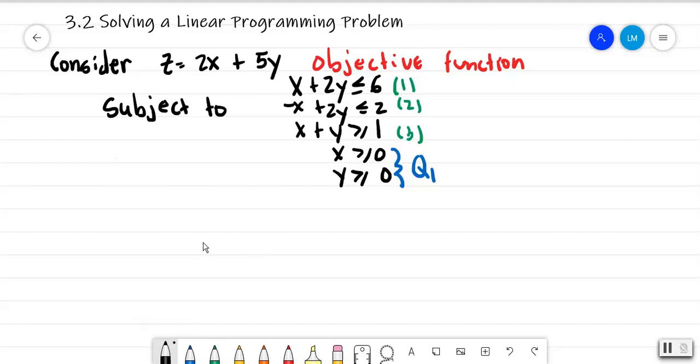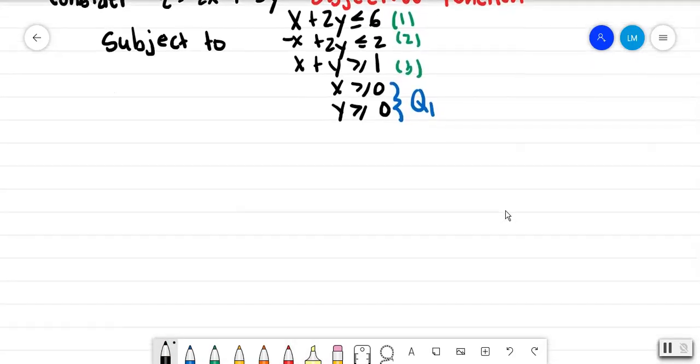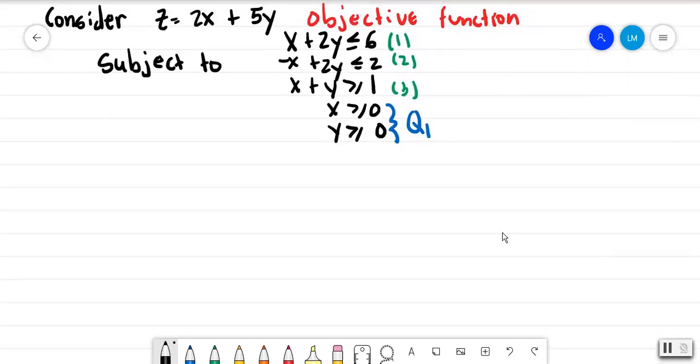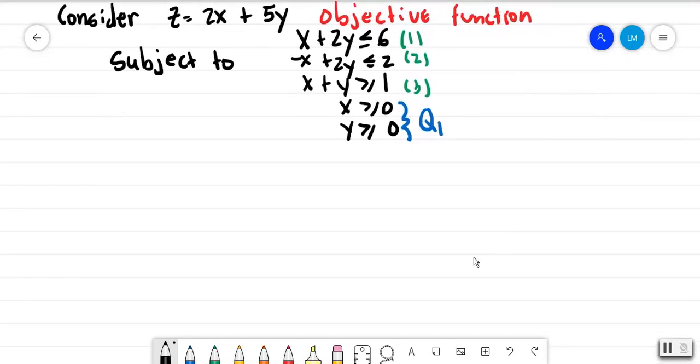Now, we'll do this in a way that requires not too much work. So let's just go ahead and have this right here. I'm going to look at my inequality 1. For inequality 1, I know that the x-intercept is given by 6 comma 0, and the y-intercept is given by 0 comma 3.